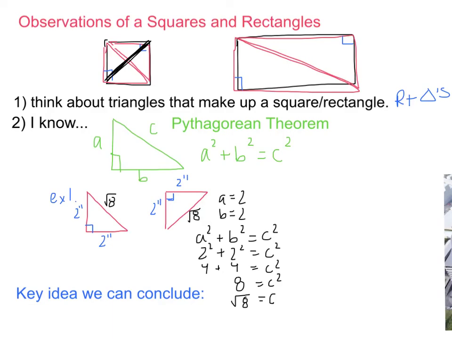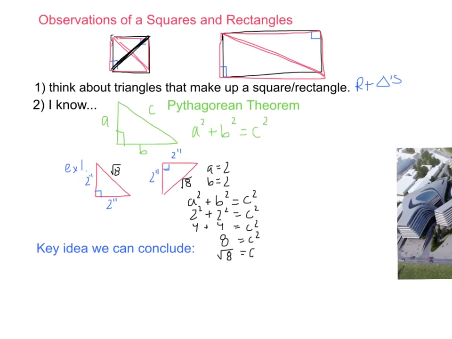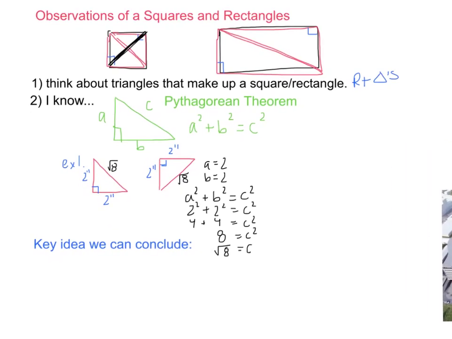Okay, now before we go any further, let's look at example 2. So I'm going to move this over just a little so we have some more space. For example 2, I'm going to imagine that I'm looking at my rectangle cut this way and my rectangle cut the opposite way.